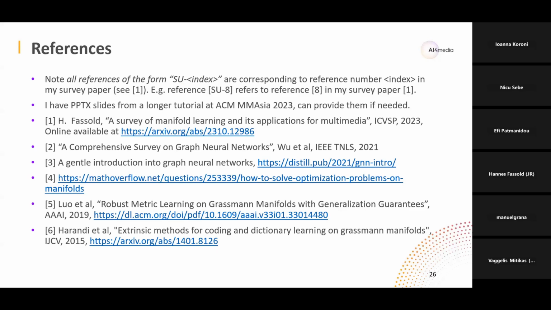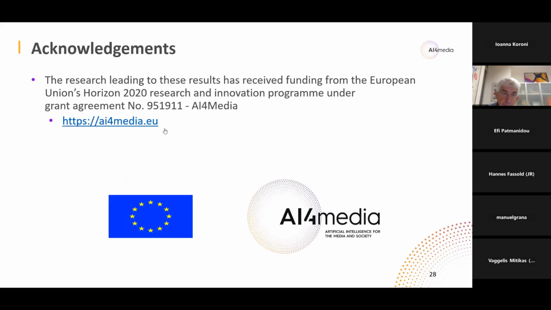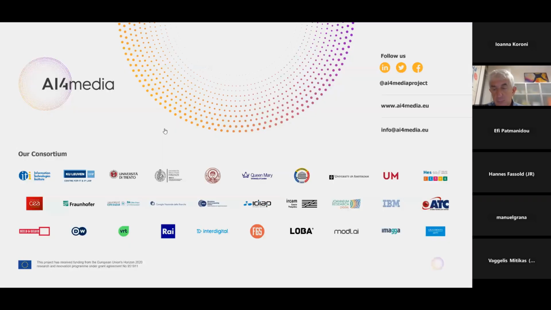The references of the form SU refer to the respective reference in my survey paper. I have a short survey paper about manifold learning and its applications, which is also available online. The research has been funded within the AI for Media project.